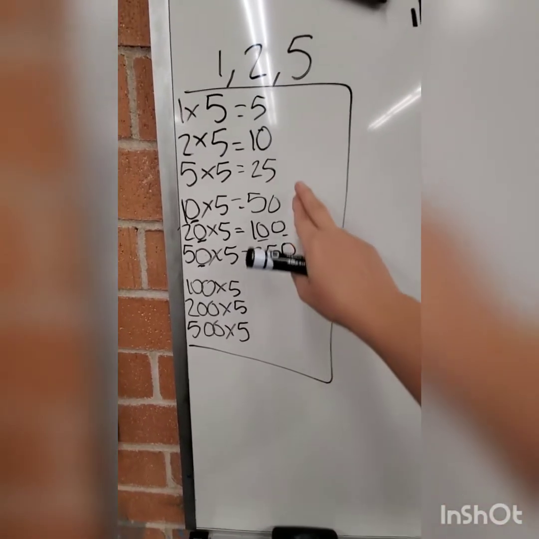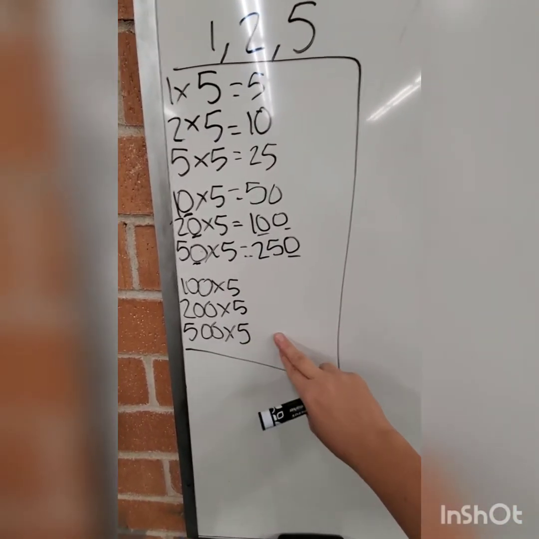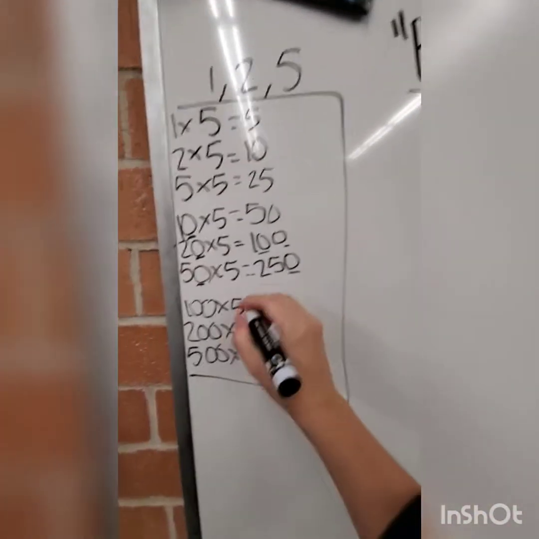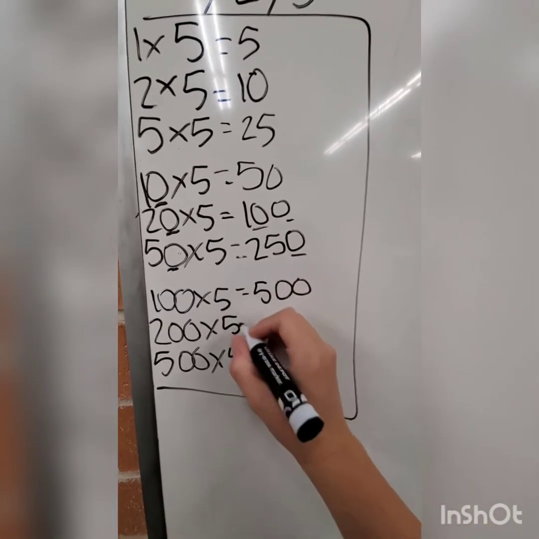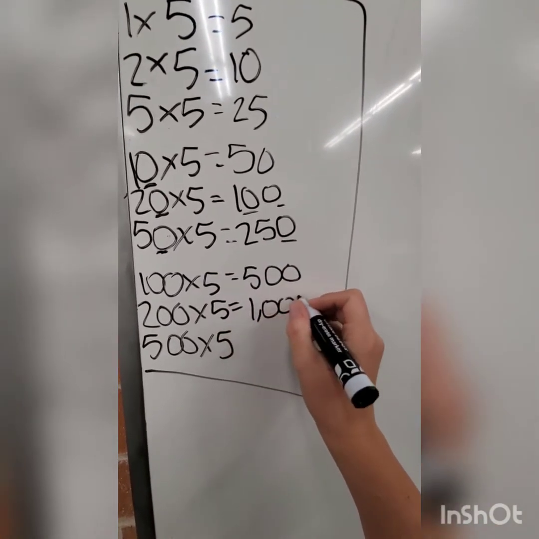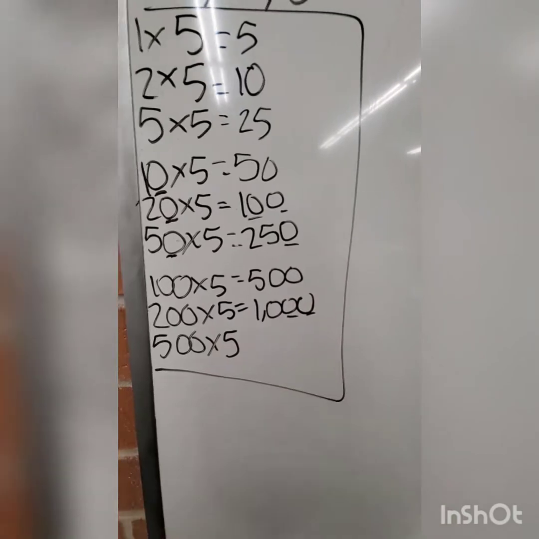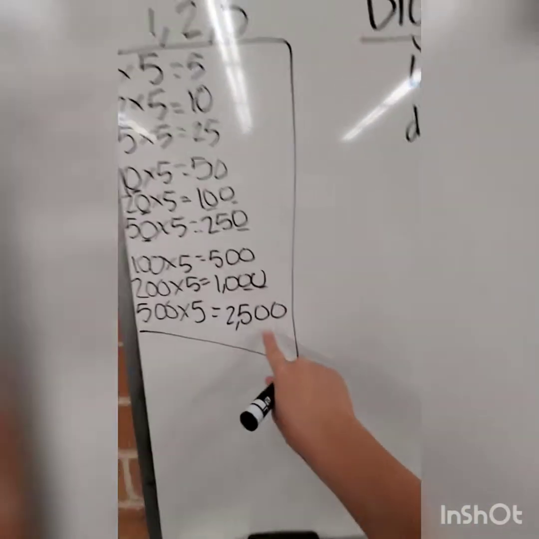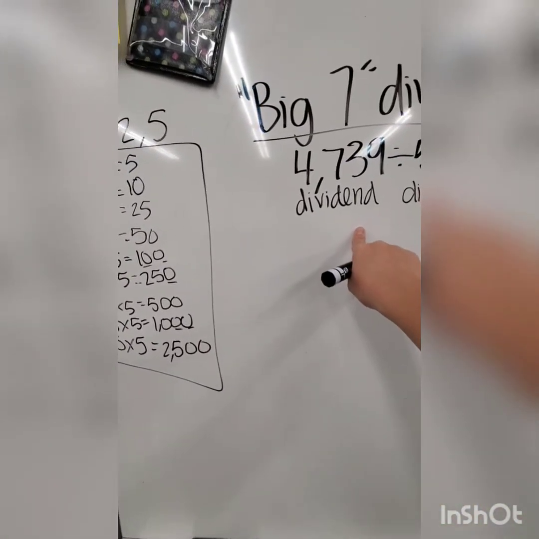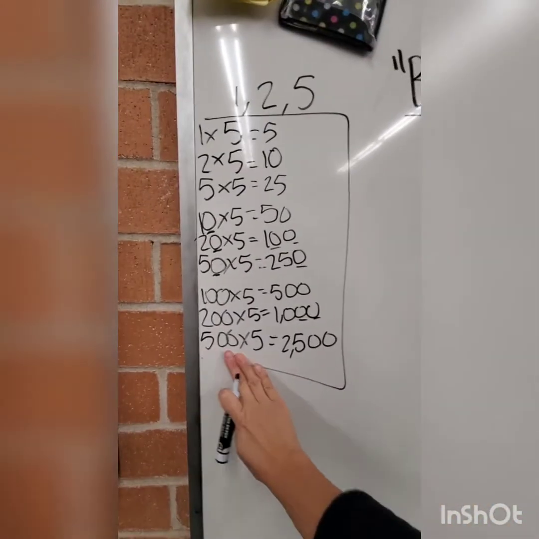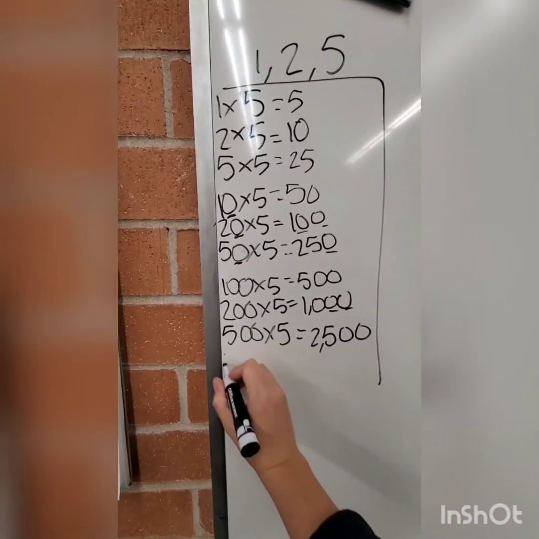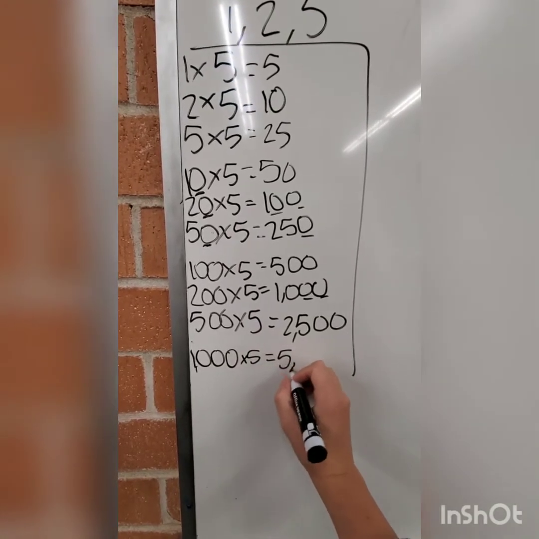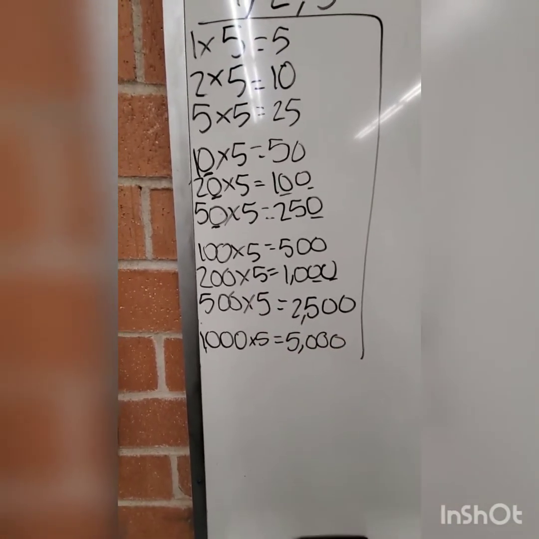And we keep going like this until we get a product that is more than 4,739. So this would be 500, 1,000, and then 2,500. So I'm not at my 4,739 yet, so I have to keep going. So next I would do 1,000 times 5, and that's going to get me 5,000, so I can stop there.